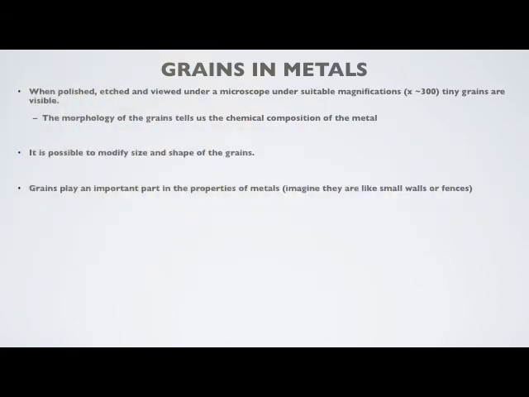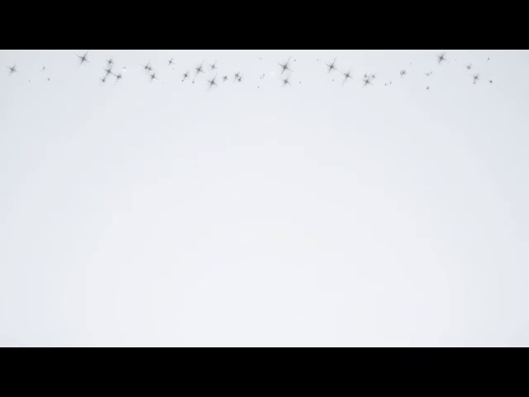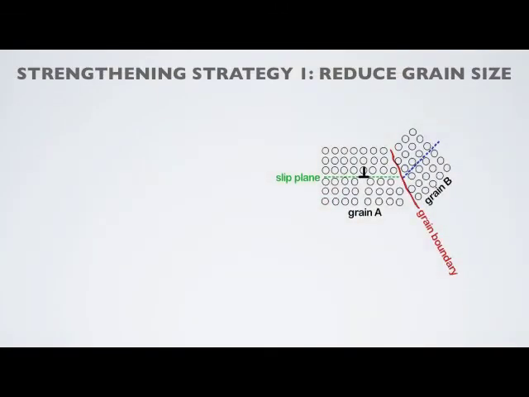So the more walls there are, the more difficult it is for the dislocation to move, as can be seen in the following example. The dislocation hits a hurdle, it has to kind of jump over it, and as a result, it has to change its direction of movement. It's something that it doesn't want to do.